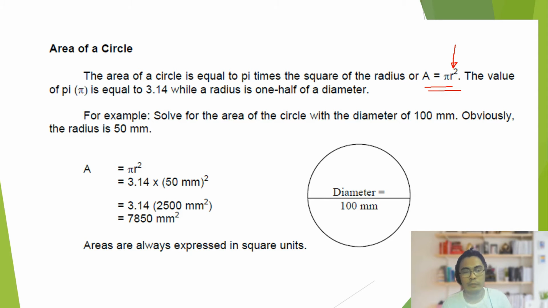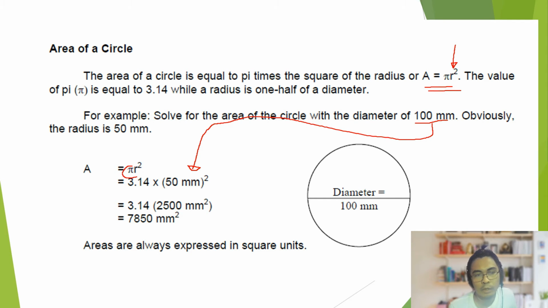So this is the formula now for the circle. For example, we are to solve the area of the circle with a diameter of 100 millimeters. Take note, the given is 100 millimeters. Therefore, you need to divide this by 2 because, yun na nga, half ng diameter yung radius. Kaya meron tayo ditong 50 millimeter. Where do we get this 3.14?